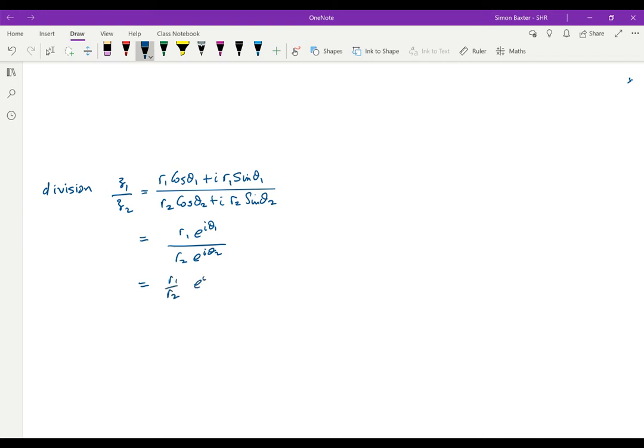How do you divide? You subtract indices. And so we get r1 over r2 cos of theta 1 minus theta 2, plus i r1 over r2 sine of theta 1 minus theta 2.